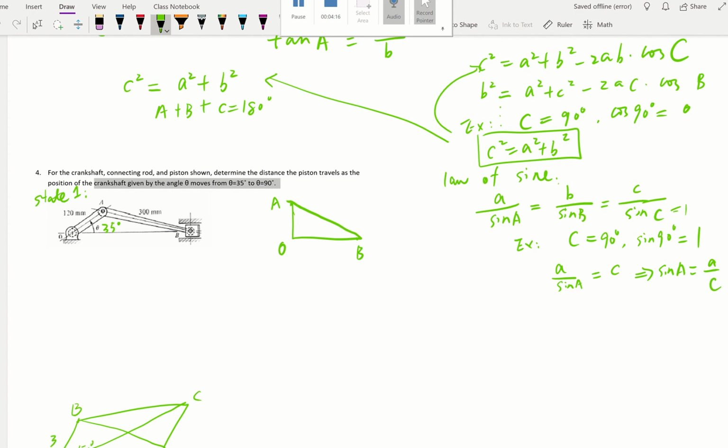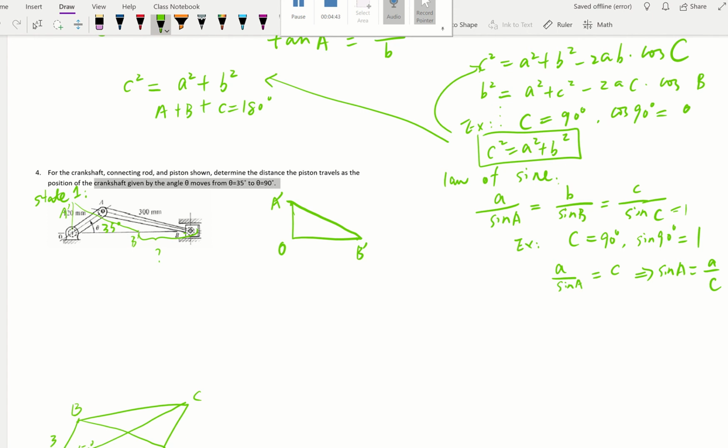That's going to be B. And potentially, let me put A prime and B prime, which means a new position. They want you to know how much this piston travels, right? The piston travels from right here and potentially gets to right here. So if I were to overlay those two triangles, that's how much this piston travels. That's the distance we're trying to calculate.